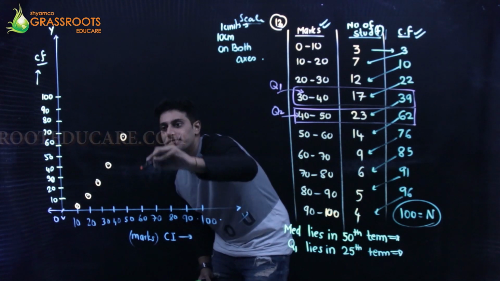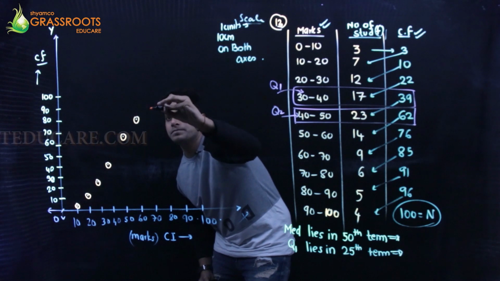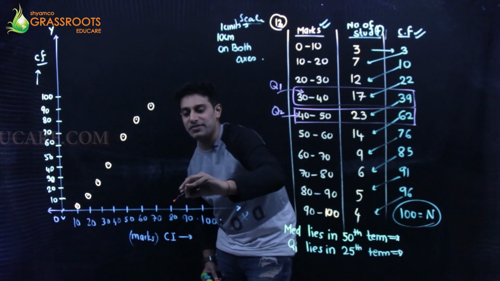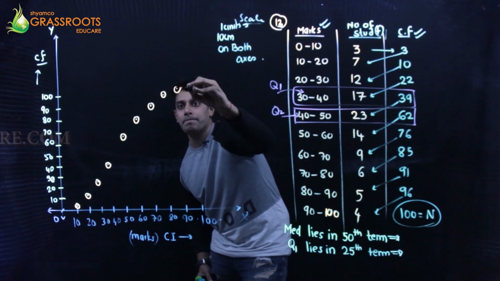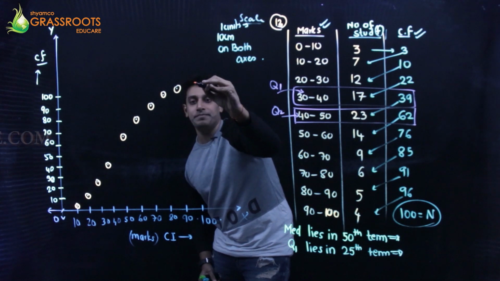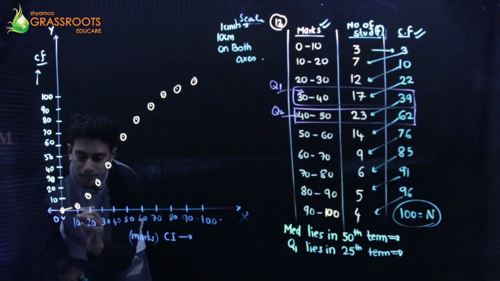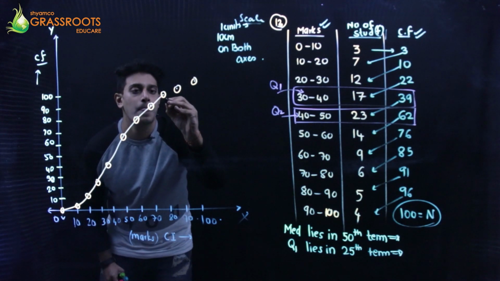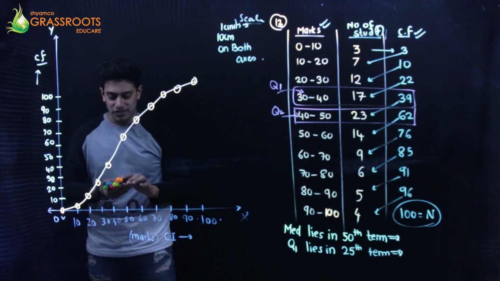Then 76, 85, 91, 96, and 100. And the lower limit is 0, obviously. You can write down the coordinates definitely by yourself.